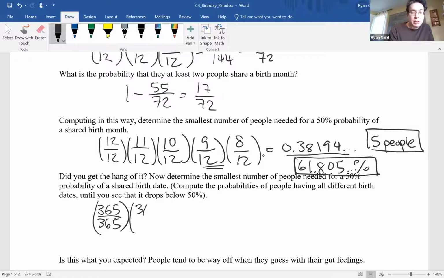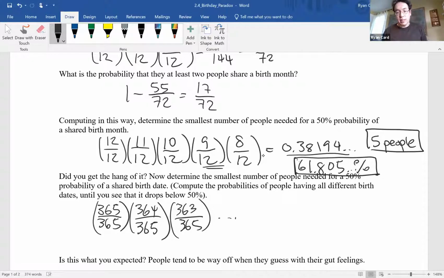The second person has probability 364 out of 365 to be different from the first person. And then so on. Keep multiplying until your calculator says this is a number below 50%. That's the first time the probability that they share a birthday is over 50%.